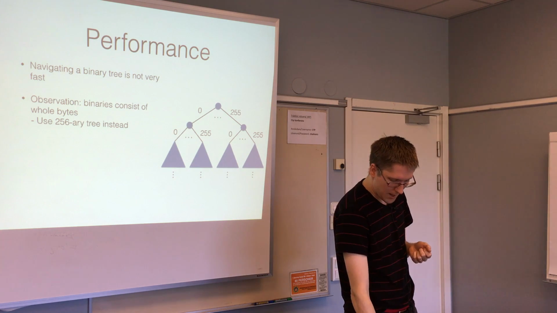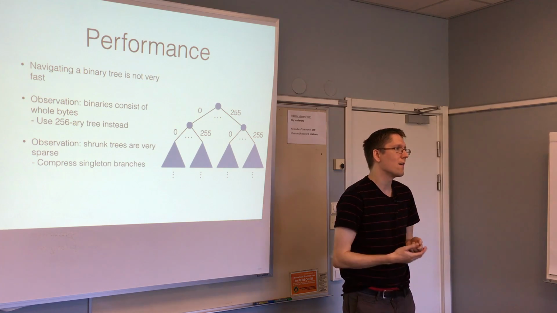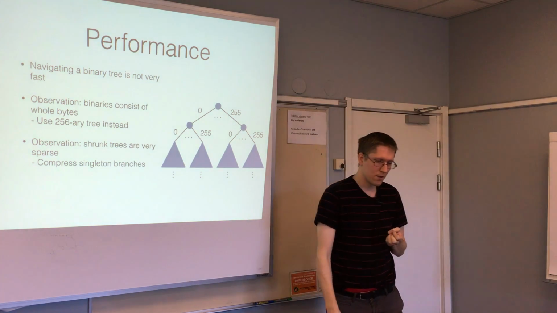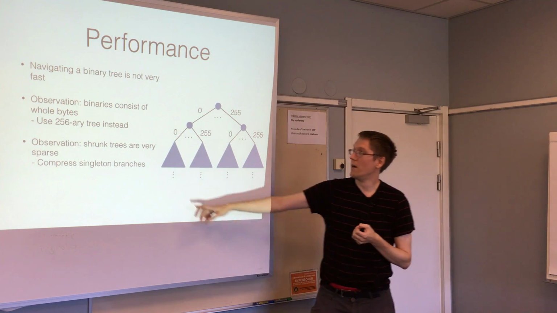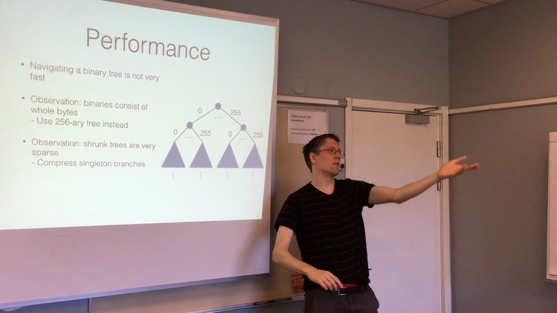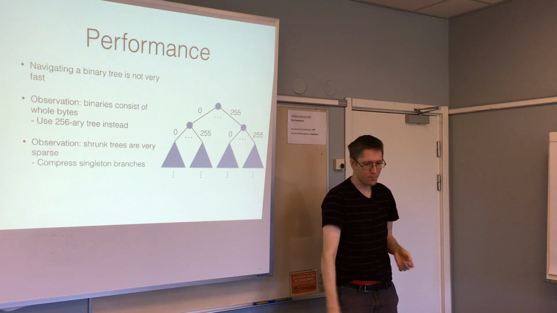The other thing you can note is that once you start shrinking, you get very sparse trees. So a big win is that you're going to get a long sequence of bytes that goes down to a single node.